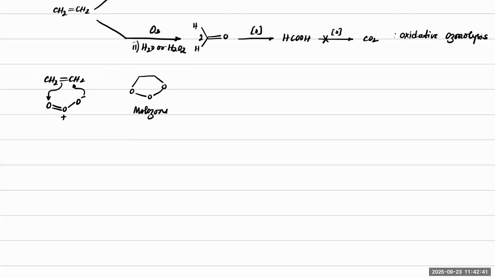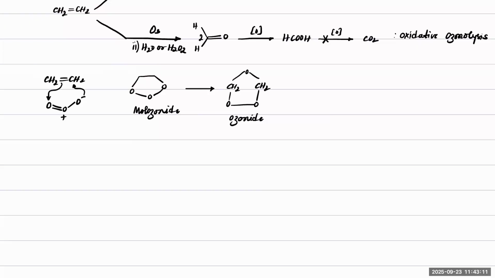Clear? Molozonide is an unstable form, which will convert into, basically the carbon-carbon bond here will break and this oxygen will be introduced above here. So if you notice, this is what you will get, CH2, CH2 with an oxygen and other two oxygens connected this way. This is ozonide.